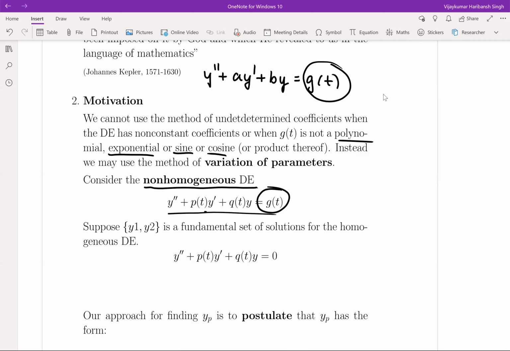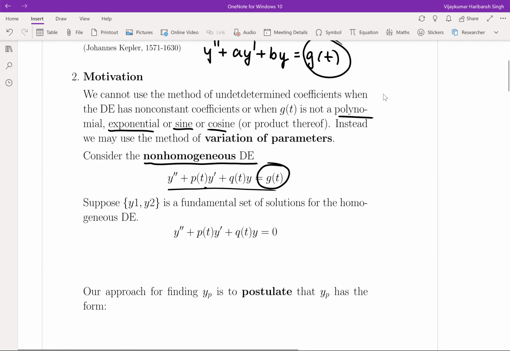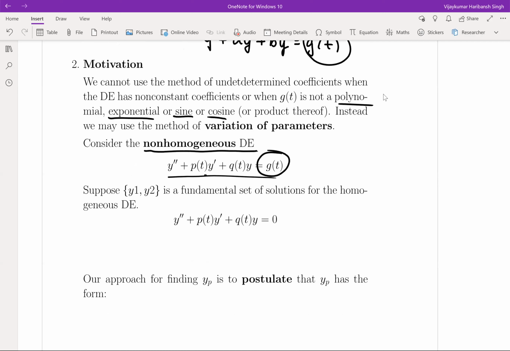Okay. So suppose we are given y1 and y2, a fundamental set of the homogeneous differential equation. That means you set g of t equal to 0, and you get the corresponding homogeneous differential equation. That means the complementary solution yc. What was the complementary solution?